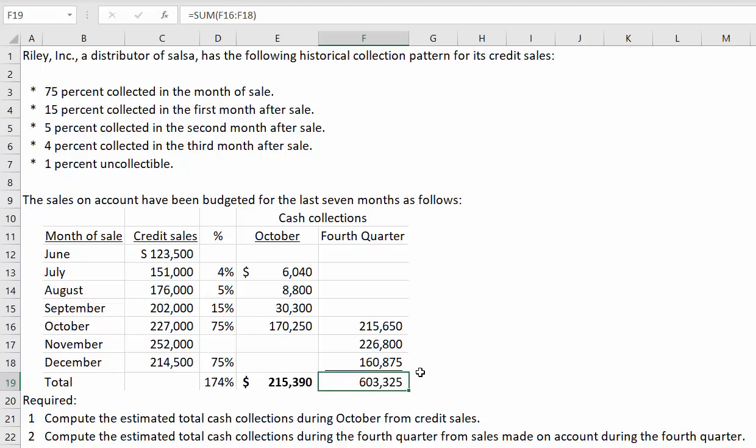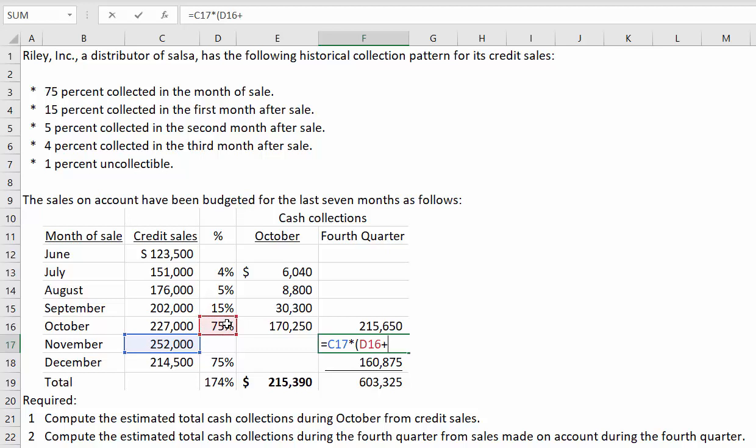Now, just to be consistent, I want to do this all the same way. Okay, 75% times 214,500 is all we'll collect in the fourth quarter of the sales from December. Now I'm going to take the sales in November and multiply it times 75%, which we'll collect in November, because they told us 75% is collected.